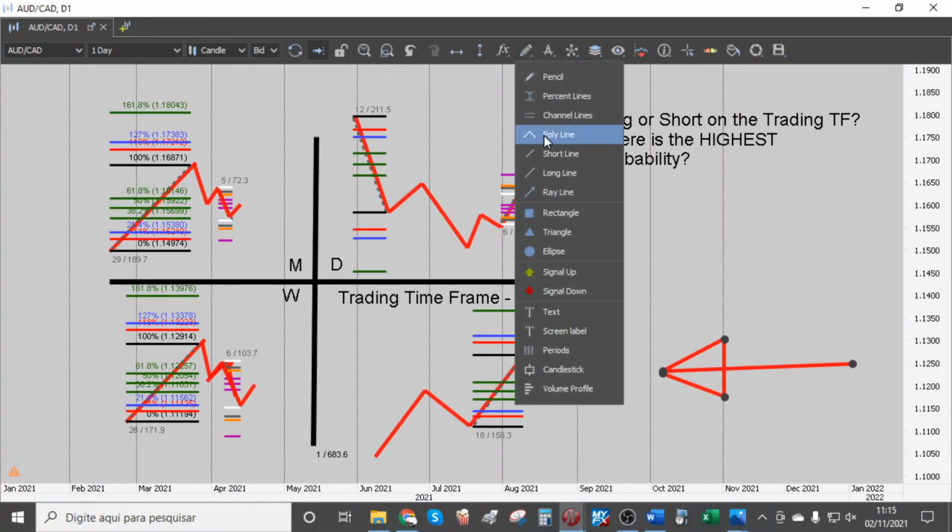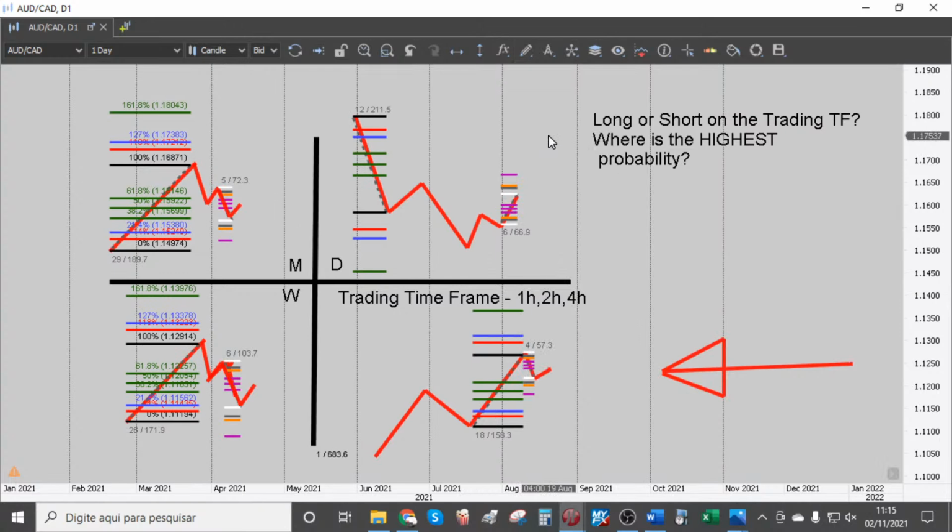What is the trend direction on the monthly chart, everybody? Up or down? And remember, I have a 20 seconds delay on the chat.